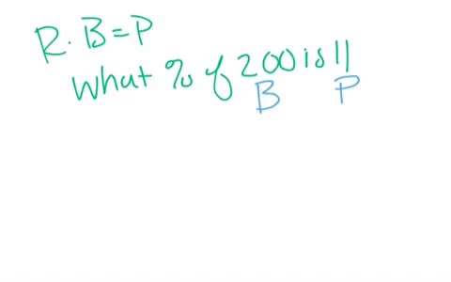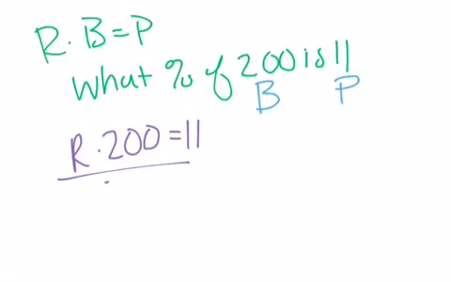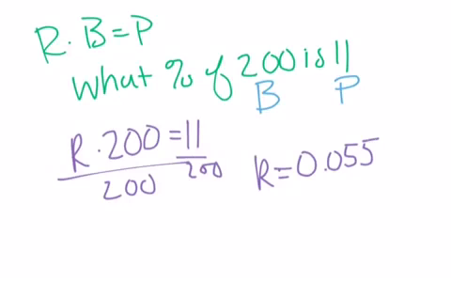So we have our rate times 200 equals 11. Dividing by 200 on both sides, we get 0.055. The final step here is moving over 2 spots to the right. So our rate is 5.5%.